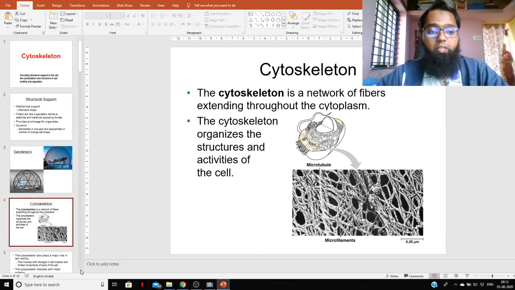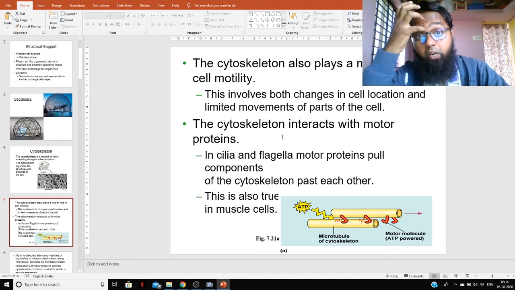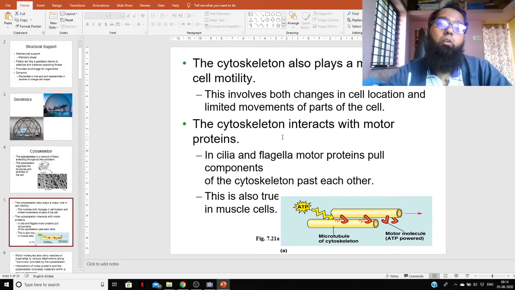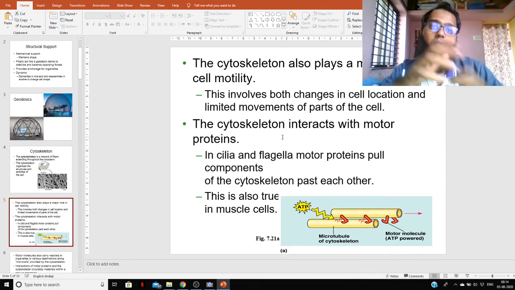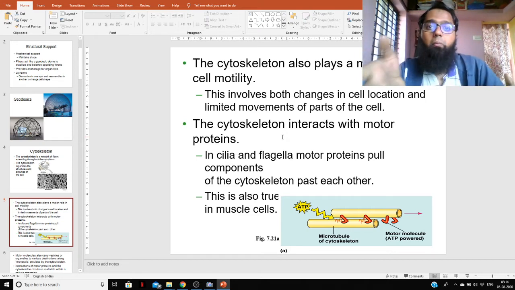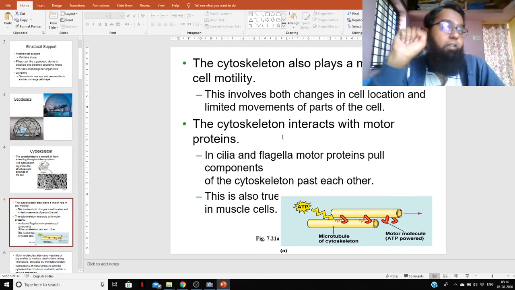That actually is the cytoskeleton. Okay, next, the cytoskeleton plays a major role in cell motility. This involves both changes in cell location and limited movement of the part of the cell. Cell motility is not movement shown by the cell as a whole, but the movements which are happening inside the cell.